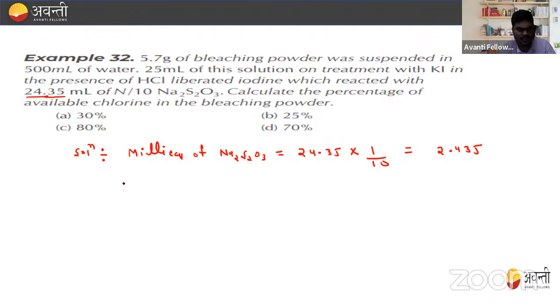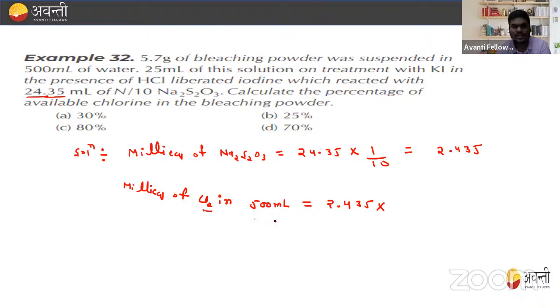Now on a similar basis, the milli equivalent of Cl2 in 500 ml, right? So the milli equivalent of Cl2 in 500 ml is equal to 2.435 multiplied by what?